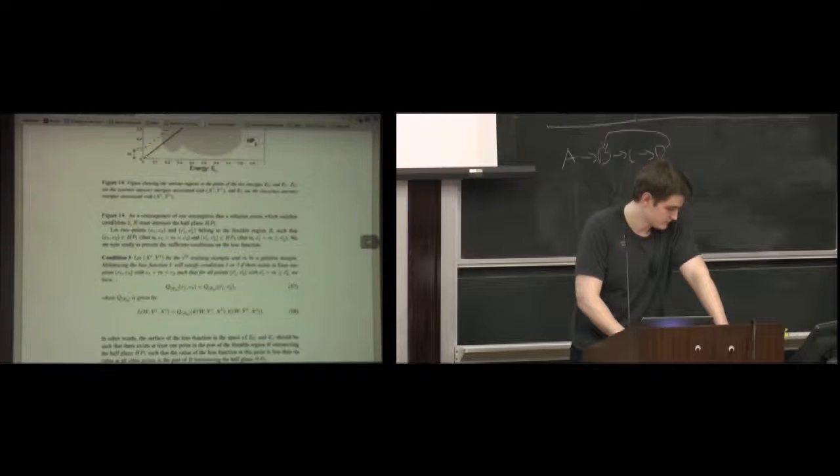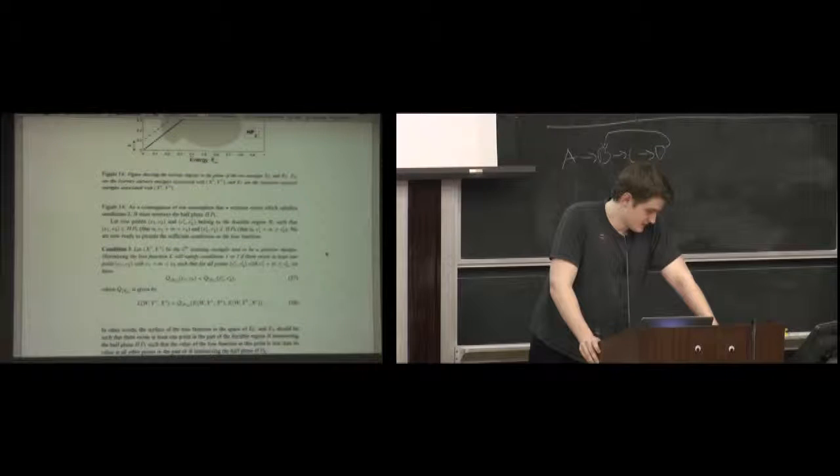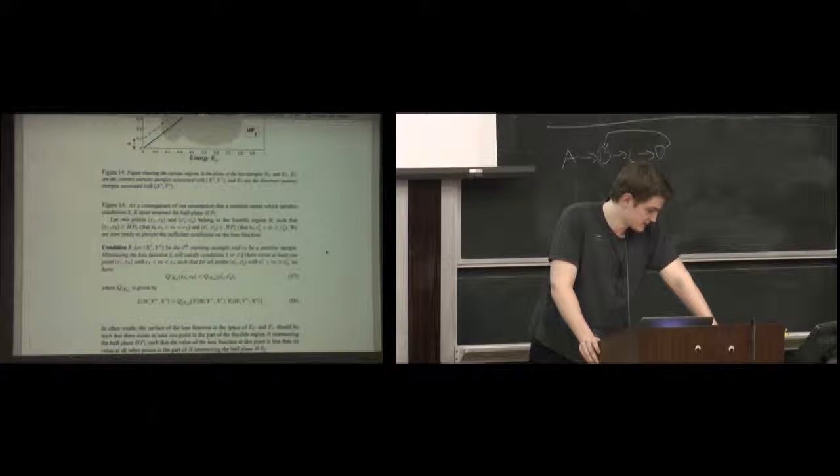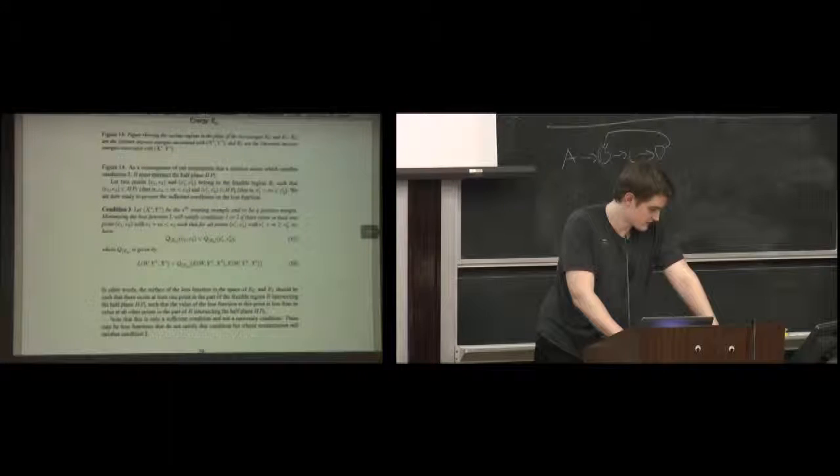I'm a bit lost here with the half planes, HB1, and the graph, like what are EI, the incorrect one, and EC, the correct one? The surface of the loss function should be such that there exists at least one point in the part of the feasible region intersecting the half plane such that the value of the loss function at this point is less than its value at all the other points.